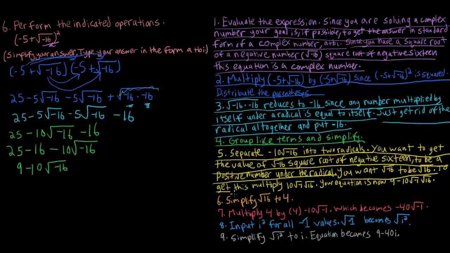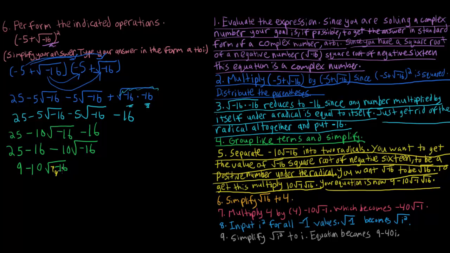To get this, we have to multiply 10 times negative 1 times the square root of 16. Our equation would now be 9 minus 10 square root of negative 1 times square root of 16. So really we're trying to get rid of this negative sign right here.